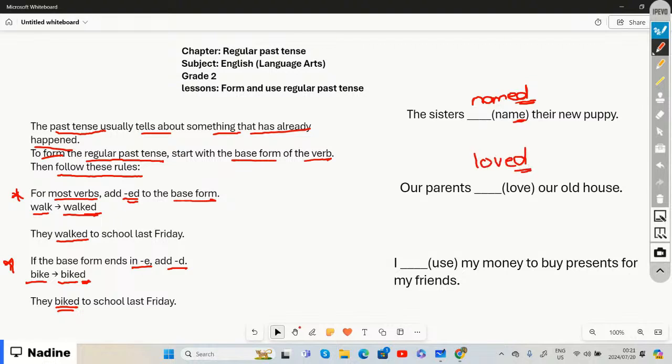And once again, we also just add a D. So our parents loved our old house.